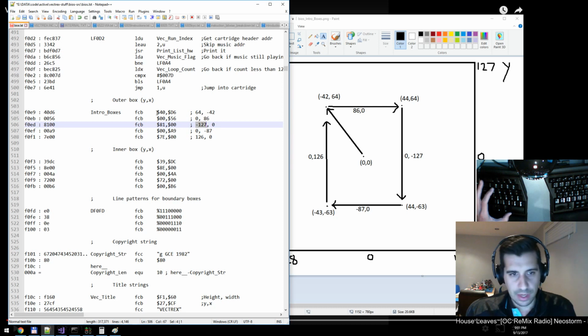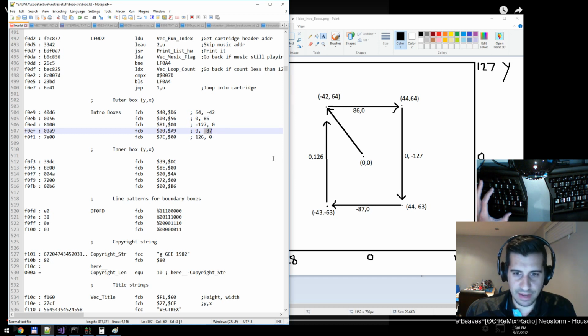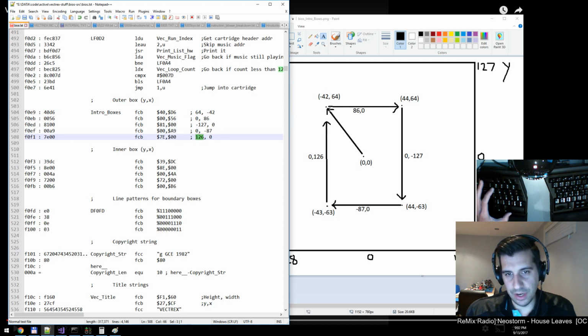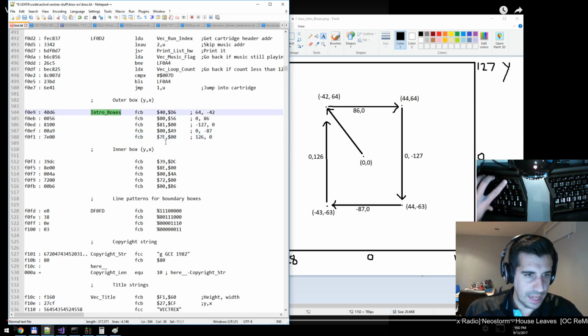And then after that, don't shift in Y, but move minus 87 in X. So that's this line here, which should bring us to minus 43, minus 63, which is not quite square, but anyway. And then move up 126 in Y and 0 in X. That brings us up here, and that gets us pretty much this kind of box shape. So that's intro boxes, right?